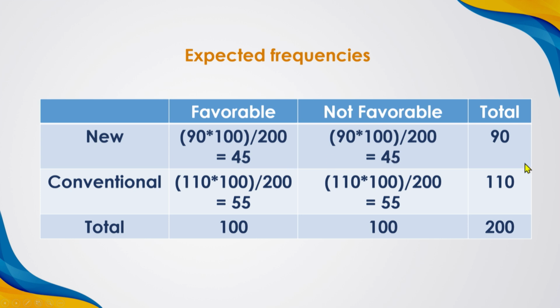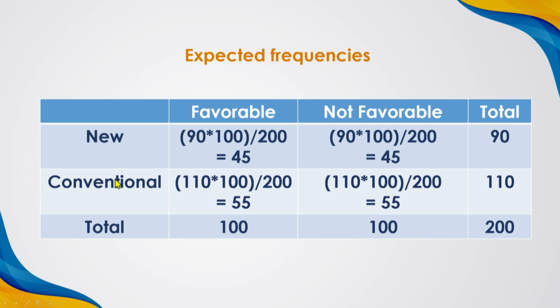In a similar fashion, for E12, first row second column, the row total is 90 times the column total 100 divided by the grand total, which is again 45. This means 45 persons are not favorable with the new treatment.